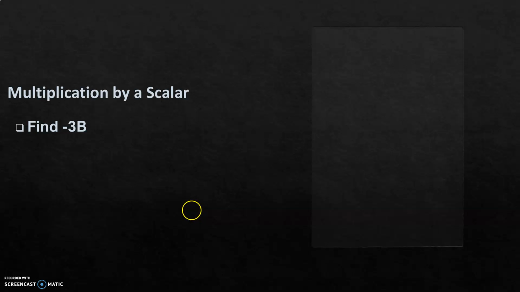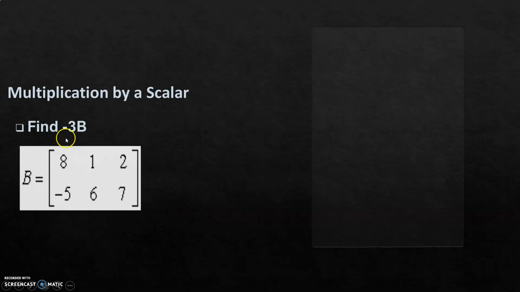Find minus 3B. Minus 3 is the scalar here and B is the matrix, with rows 8, 1, 2 and minus 5, 6, 7. So minus 3 into B, we need to multiply each entry of B with minus 3.